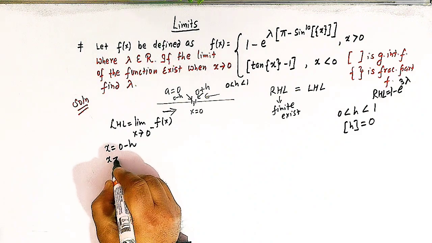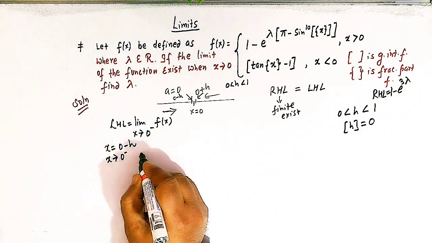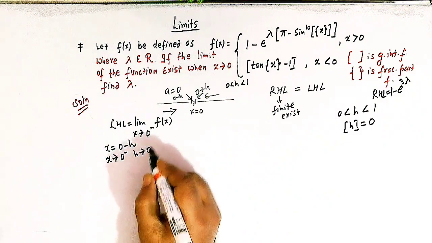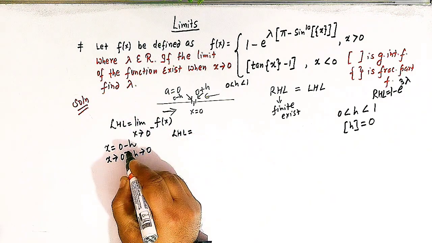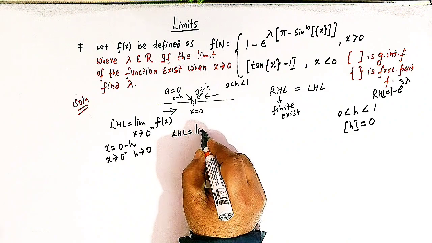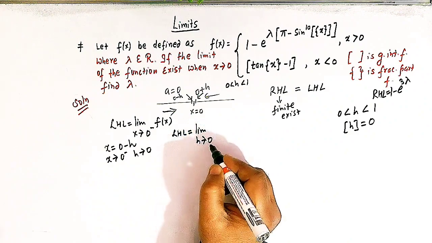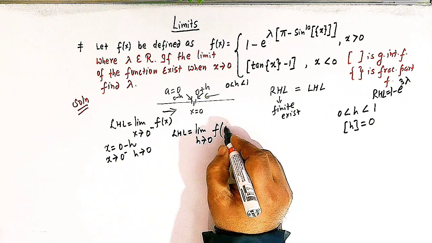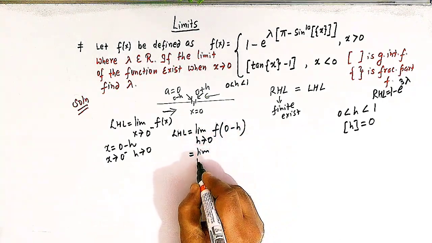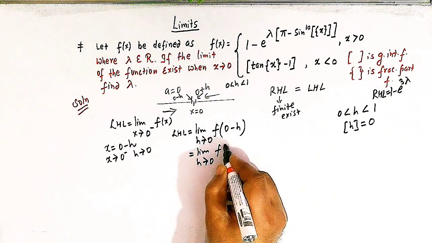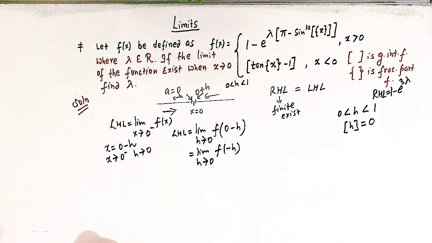So when x tends to 0, then h tends to 0. So now writing this left hand limit in terms of h, we can write limit h tends to 0 of f of 0 minus h, so limit h tends to 0 and f of minus h, right?